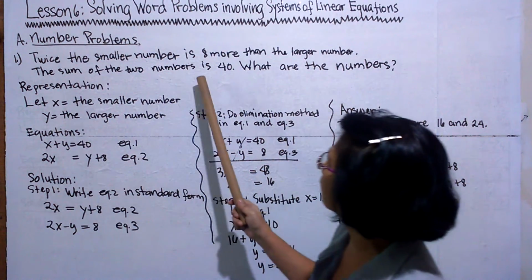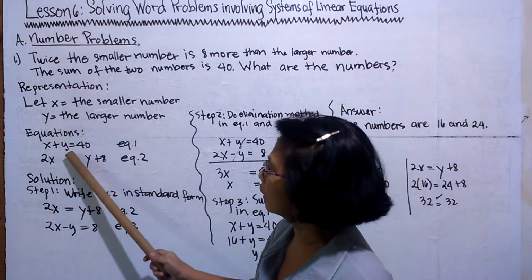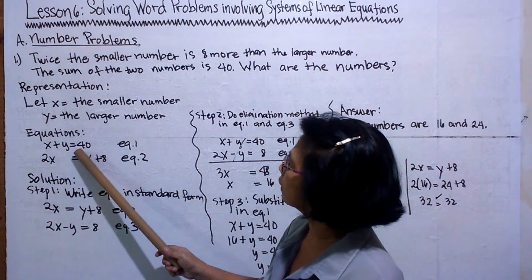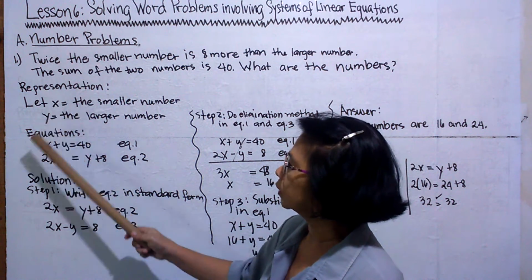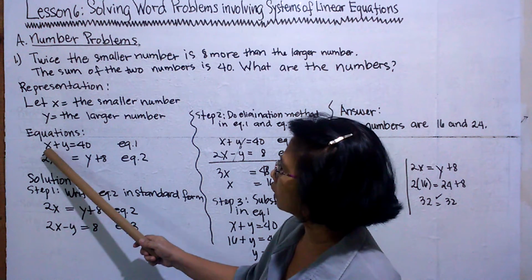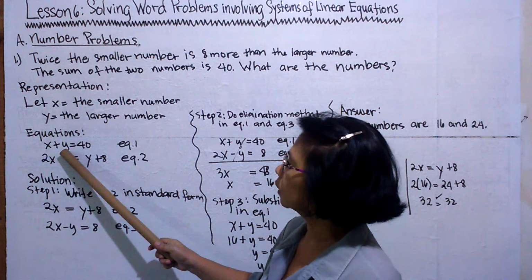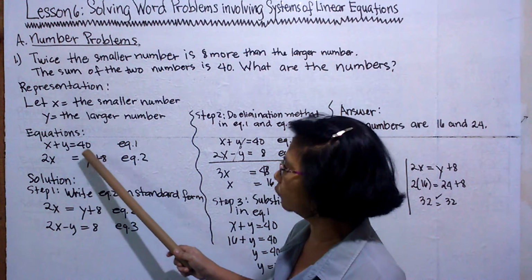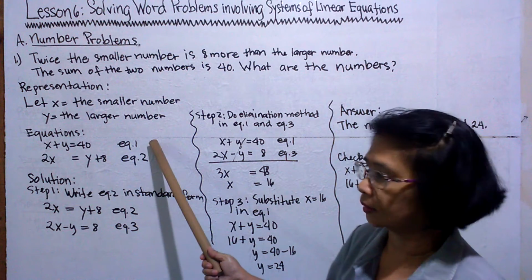So when you see "is" in the word problem, that means equals or is equal to. Since the two numbers are represented by x and y, we have to add x and y: x for the smaller number and y for the larger number, so x plus y, the sum, is 40. This is our equation number 1.